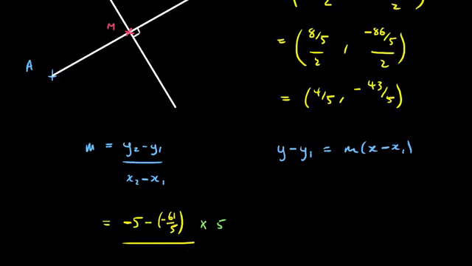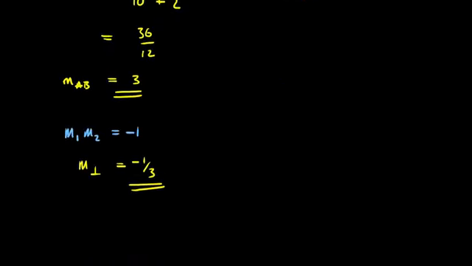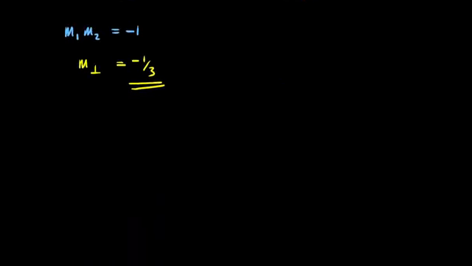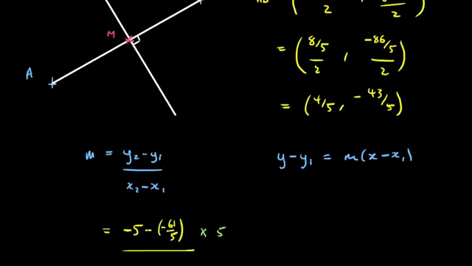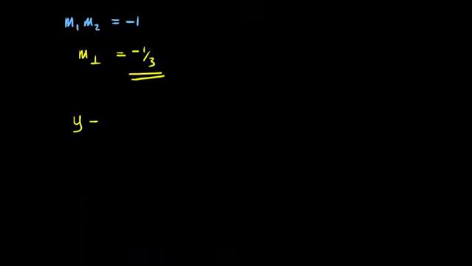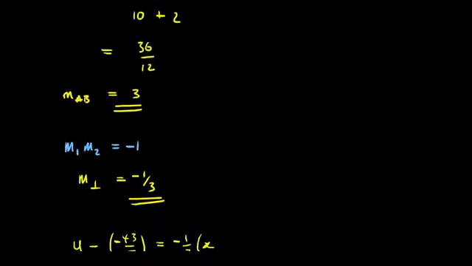So if I do that, y minus y1, where our y1 was minus 43 upon 5. So we've got y minus 43 upon 5 is equal to m, which is minus 1/3, bracket x minus x1.